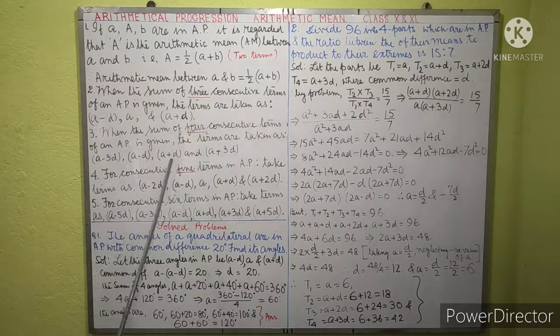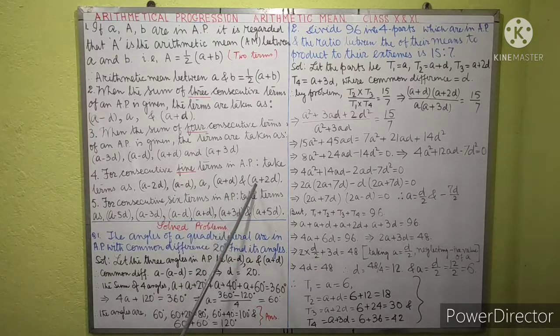Just see and remember these things. Number 4, for 5 consecutive terms in AP, take the terms as a minus 2d, a minus d, a, a plus d and a plus 2d. First, second, third, fourth, fifth, 5 terms are there.